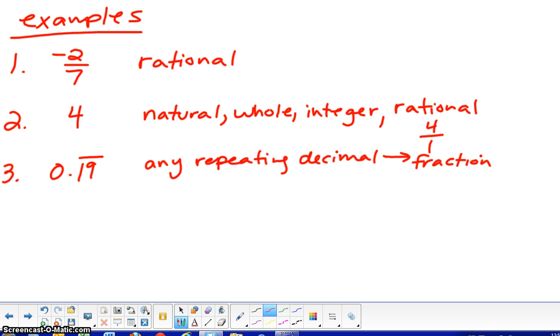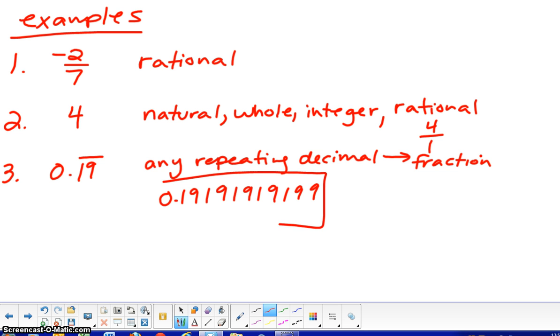And just be careful, I don't have my calculator right here right now, but if you go to your calculator, put a 0.19 all the way across your screen until you have no more room. There should be a 1 right there. Okay? Then, and you can even go to the next line as well.